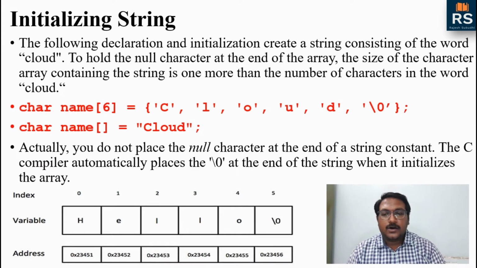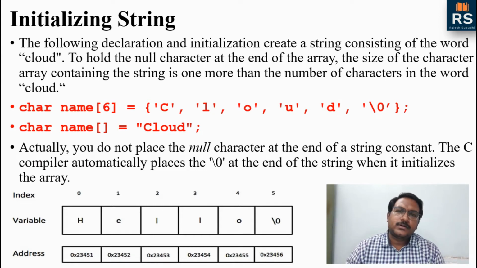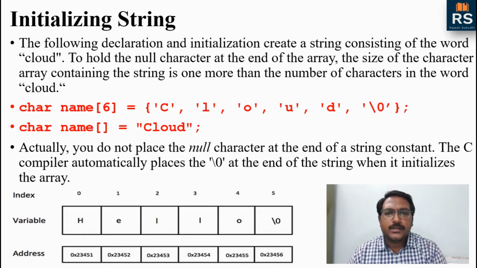Then let us see how to initialize the string. As we initialize a normal array, whether it is an integer array, float array, double array, or character array, the initialization of an array and a string is the same. The only difference is that if it is an array, we do not need a null character at the end.